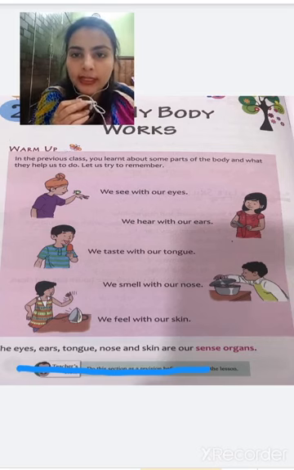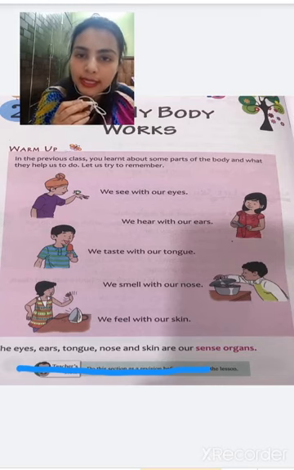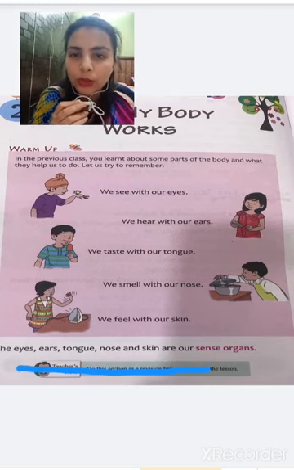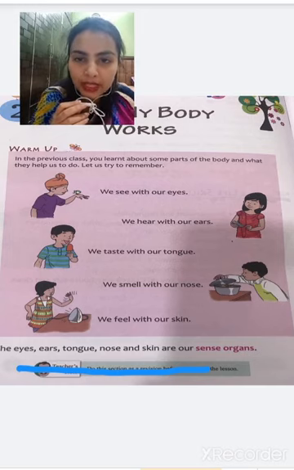Like the eye is a sense organ through which we can see. Similarly, ears are our sense organs through which we can hear. So the organs through which we can see, hear, feel or smell are our sense organs.